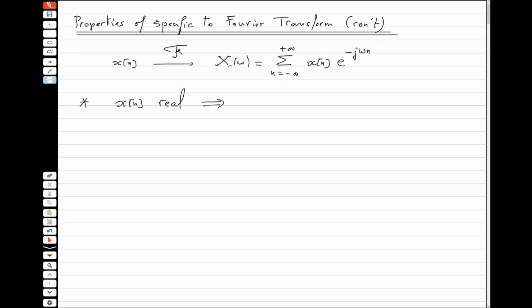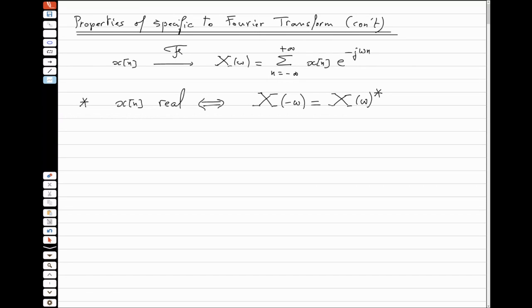In fact, the only thing that can be said is the following: if you calculate X of minus omega, you get X of omega conjugate. And this is, in fact, equivalent.